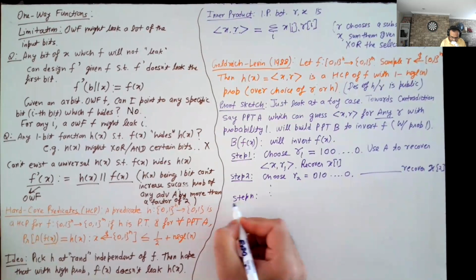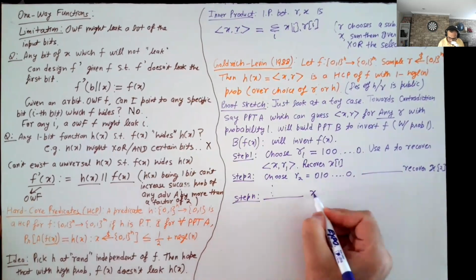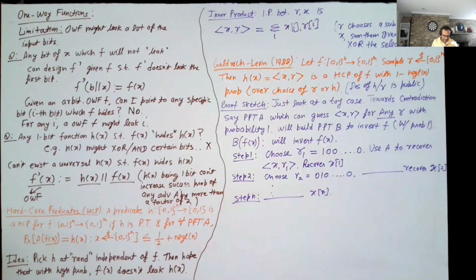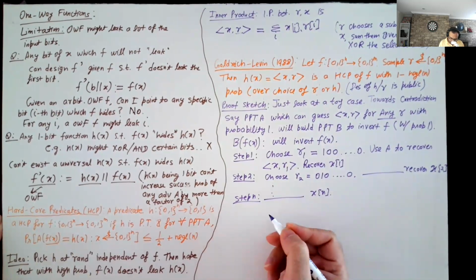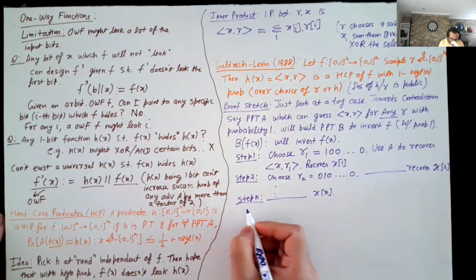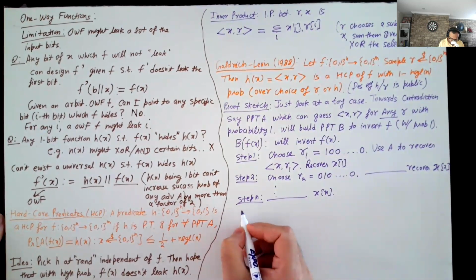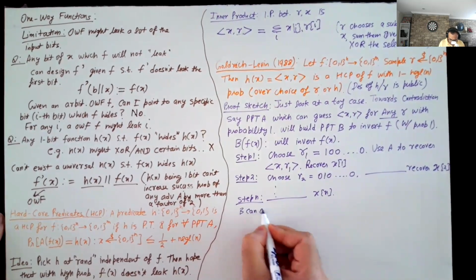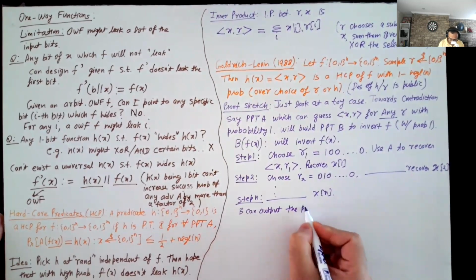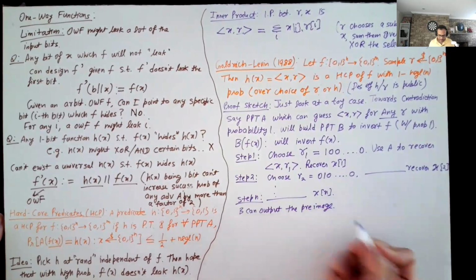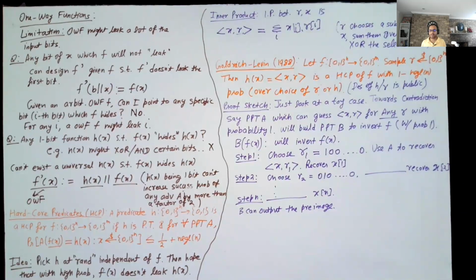Step n, since X is n bits, you will recover Xn, and now you have the whole X. And now B can output the preimage, and in fact, if A is successful with probability 1, then B will also be successful with probability 1. So this is just a very toy case.